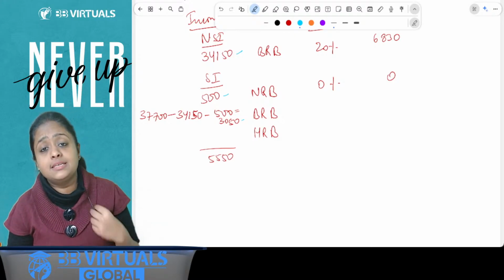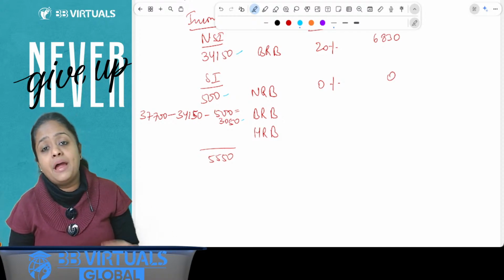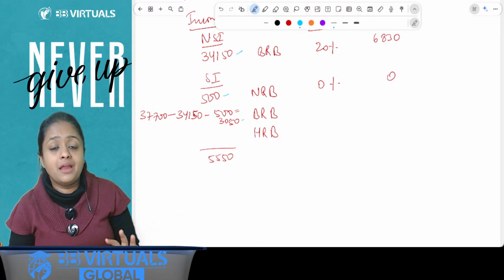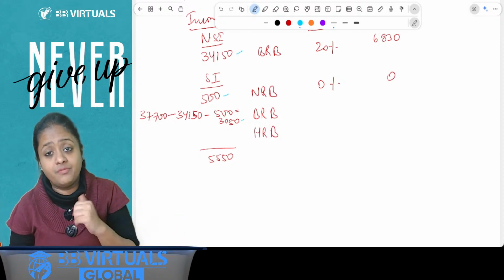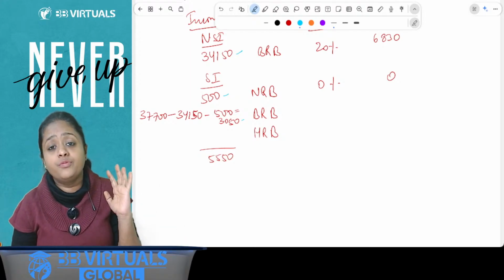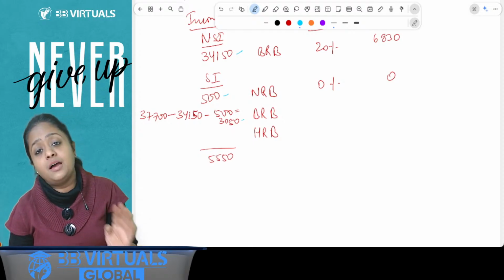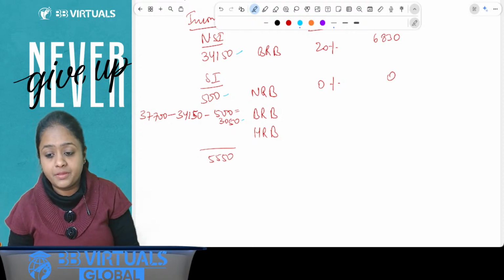Because HMRC says whether it's a basic rate band or a higher rate band, nil rate bands will use up the band. Doesn't matter. We cannot give you double benefit. One place you are getting 0%, and the other place we will give you the benefit of enjoying the more rate band also. So your rate band will be reduced by the amount of nil rate band.